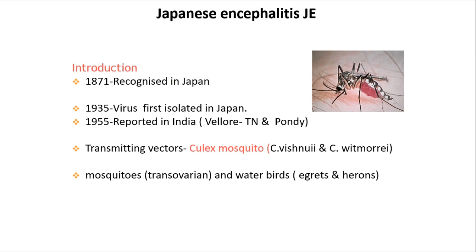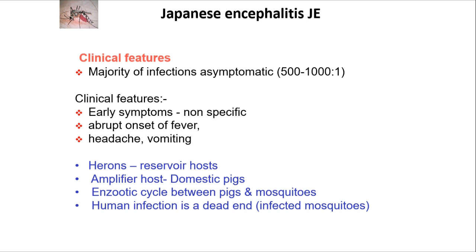The transmitting vectors are Culex mosquitoes. Culex vishnui and Culex whitmori are the two important species of Culex which can cause the transmission of Japanese encephalitis. Mosquitoes show trans-ovarian transmission. It is also seen in water birds like egrets and herons, which can act as reservoir hosts for this viral infection.